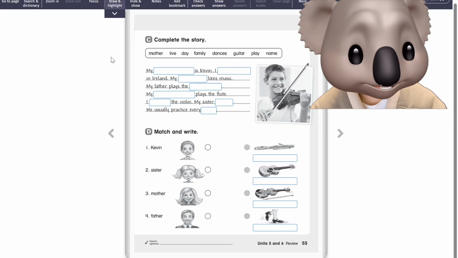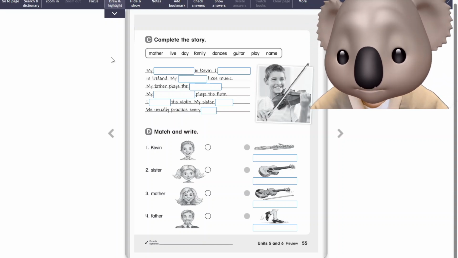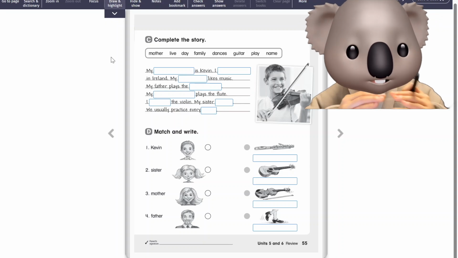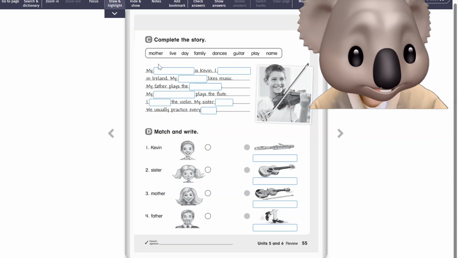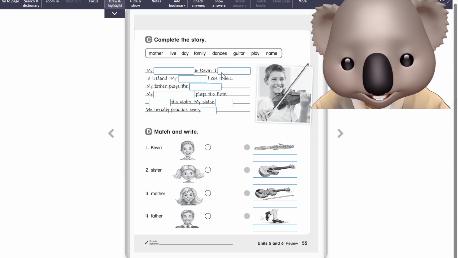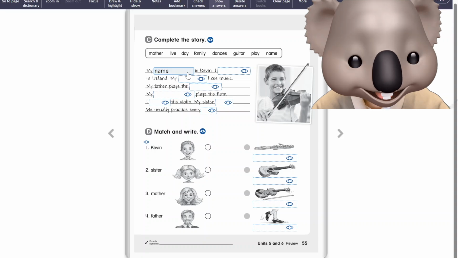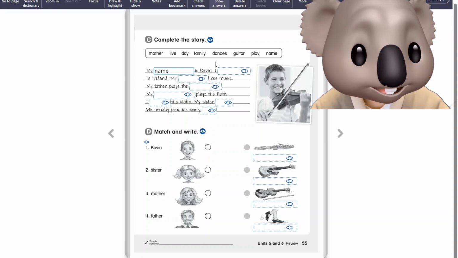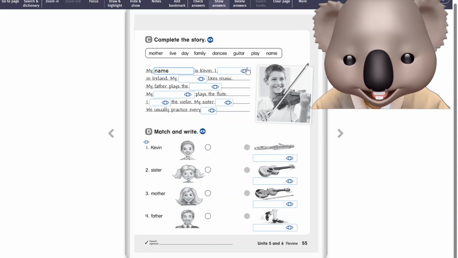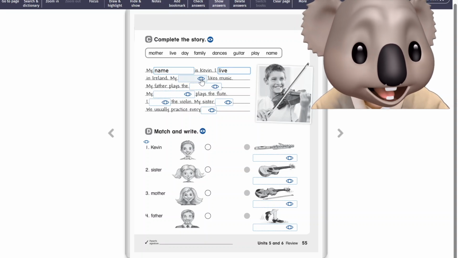On page 55, our last page, the directions say to complete the story. We're going to use the words in the box to help us finish the story. My name is Kevin. 내 이름은 케빈이야. My name is Kevin. 나는 아일랜드에서 살아. I live in Ireland. 우리 가족은 음악을 좋아해.